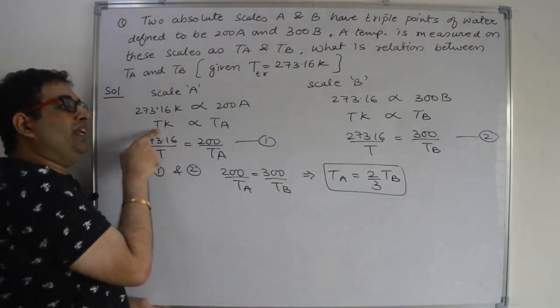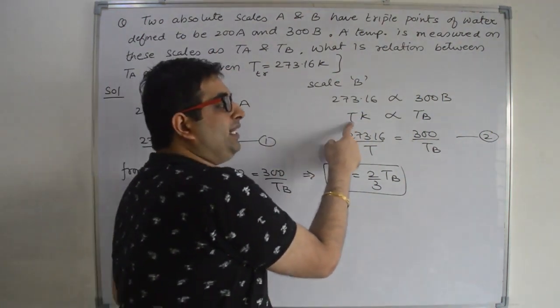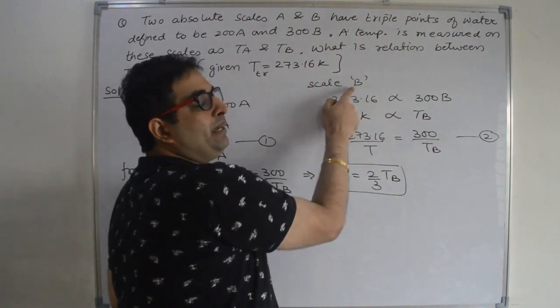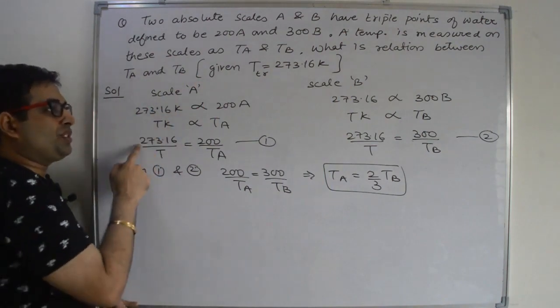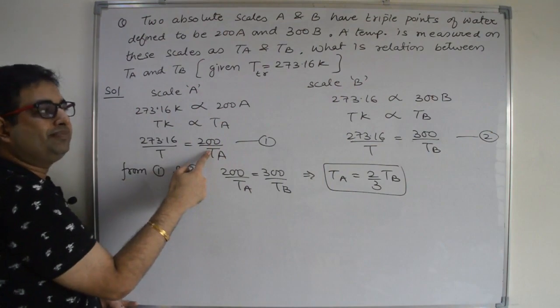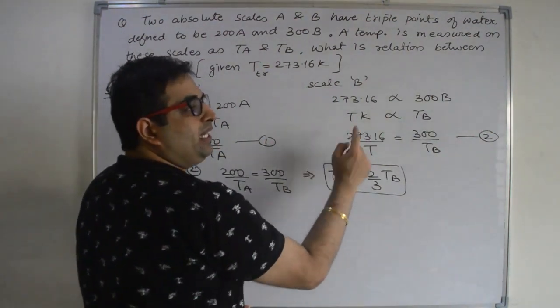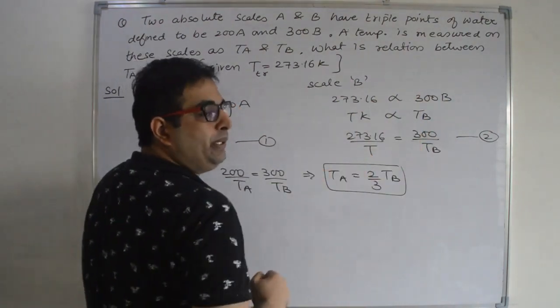So T Kelvin is measured as TA by scale A and as TB by scale B. Now divide these two equations: 273.16 divided by T is equal to 200 divided by TA, and 273.16 divided by T is equal to 300 divided by TB.